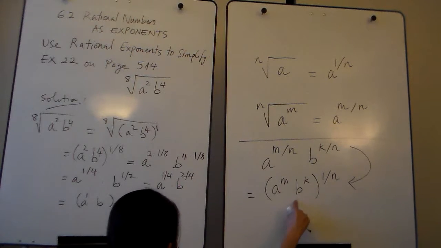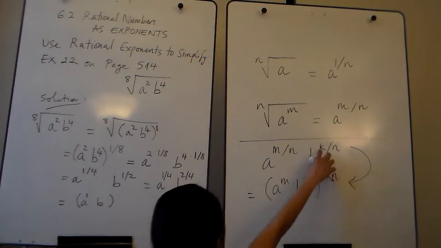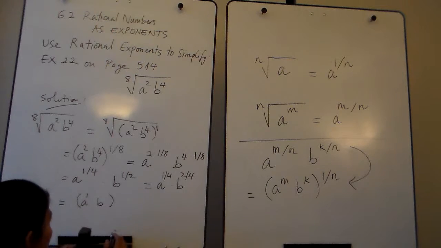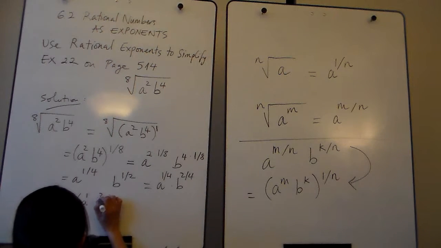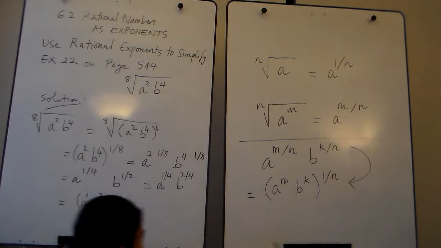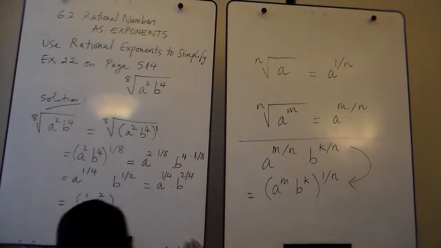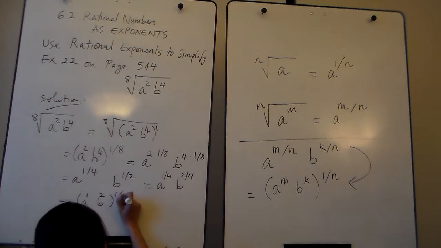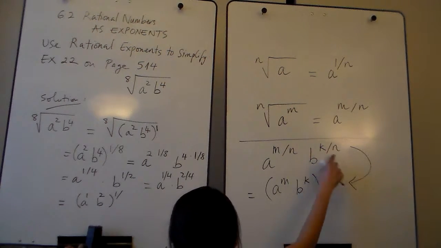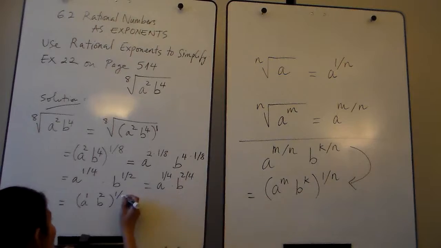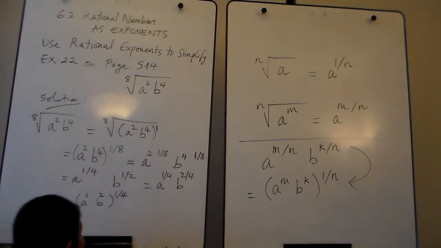For this B, it's raised to the k power. K is the numerator right here. So what is k, which is 2, right? So you put 2 here. And the outside is 1 divided by n. What is n? N is the denominator right here, which is 4. So 1 divided by 4.